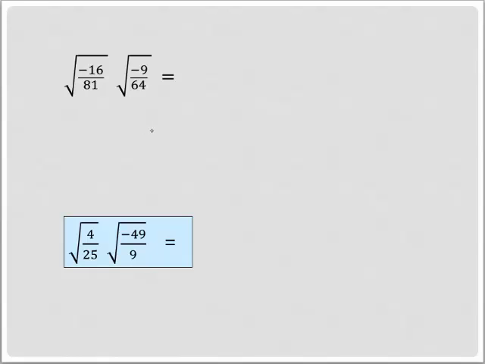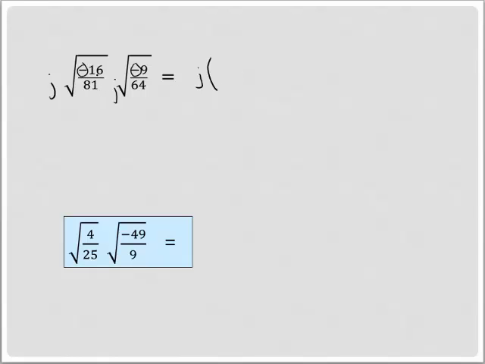All right, ready to get a little more complicated? Here we are with the fractions again. We're going to multiply fractions. So we know that we could take this negative sign out as j, and this negative sign out as j. So let's see what we can do. If we have j times the square root of 16 over 81, let's take that right out.